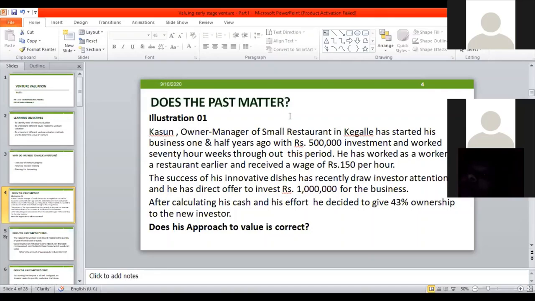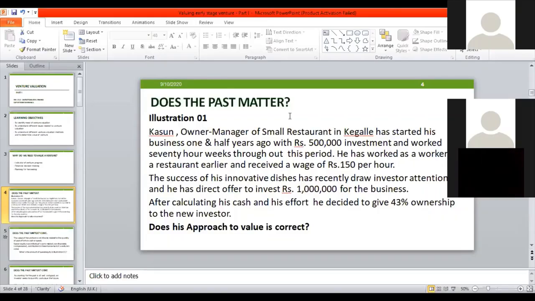He had worked earlier as a worker for a restaurant and received a wage of 150 per hour. The success of his innovative dishes has recently drawn investors' attention, and he has a direct offer to invest 1 million in the business. After calculating his cash and his effort put into the business, he has decided to give 43% of ownership to the new investor.